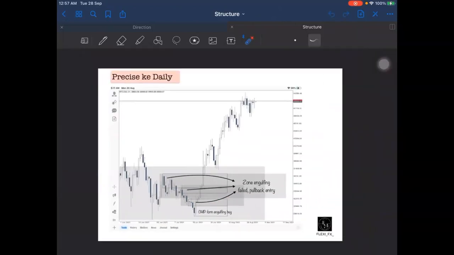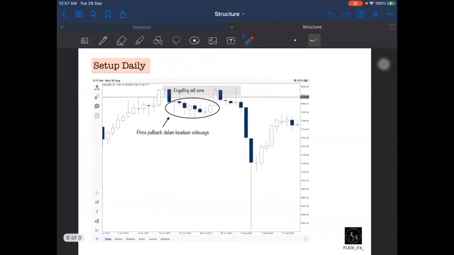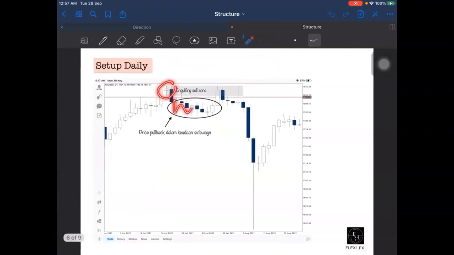So yeah, price has to form engulf, pull back by sideways, and it has to form another engulfing. But see, here you cannot see engulfing, isn't it? When it forms engulfing, price already goes very far. That's why you have to precise to low time frame. But this one is based on confirmation entry, so I will explain it more in the last video.